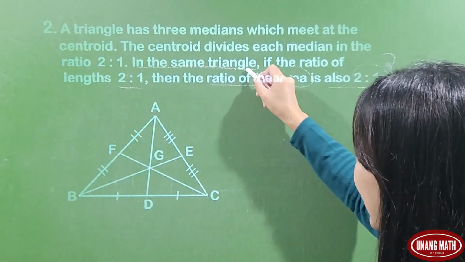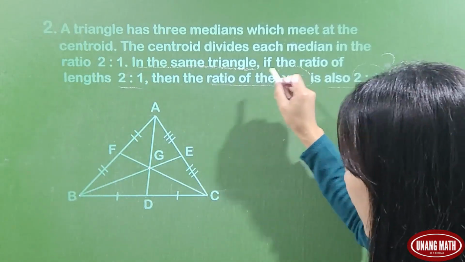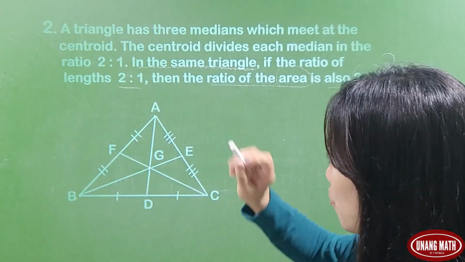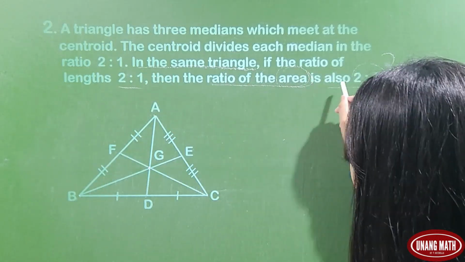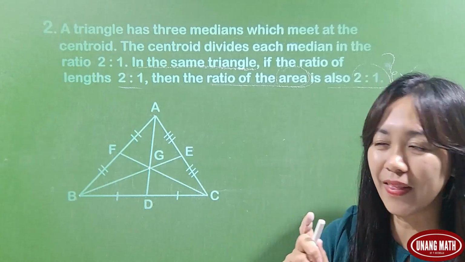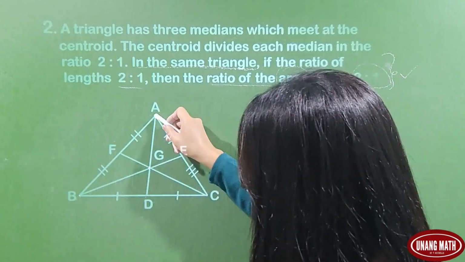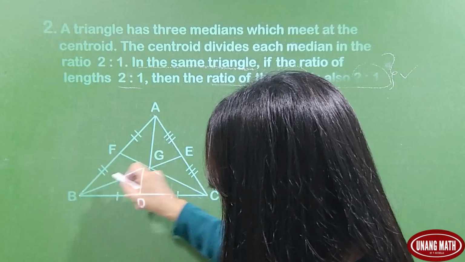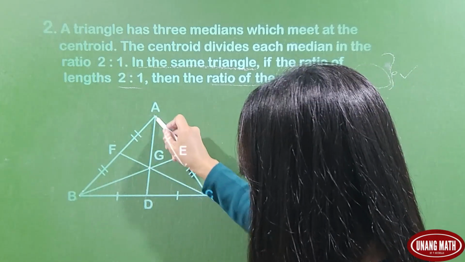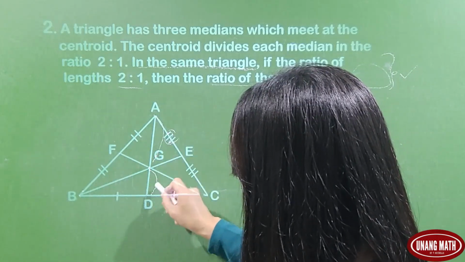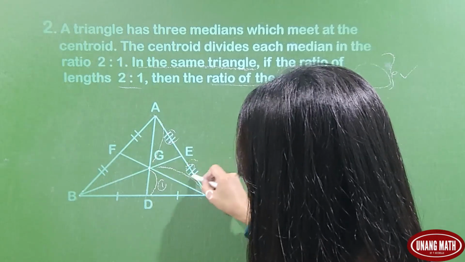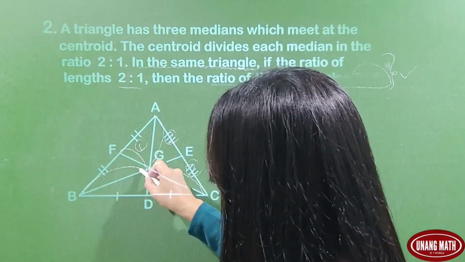According to this, in the same triangle, if the ratio of the length is 2:1, then the ratio of the area is also 2:1. Okay, by the way, medians are in the ratio 2:1. So this is also 2:1.